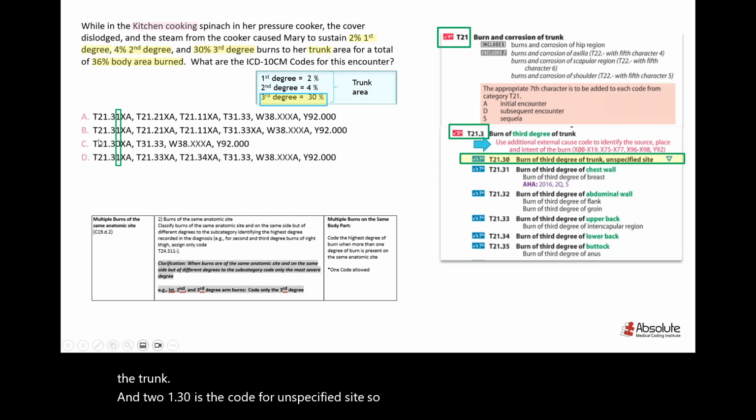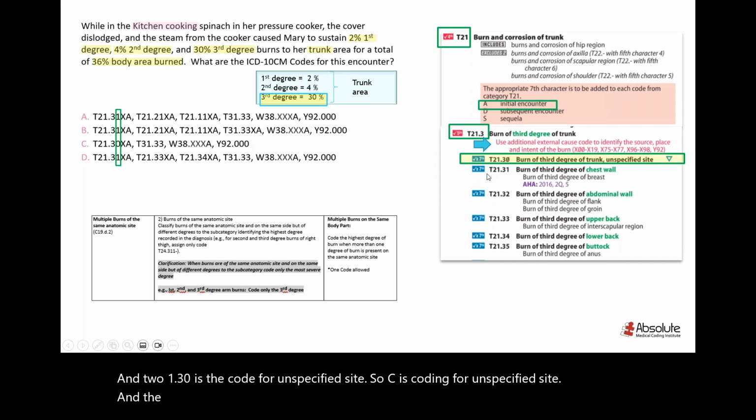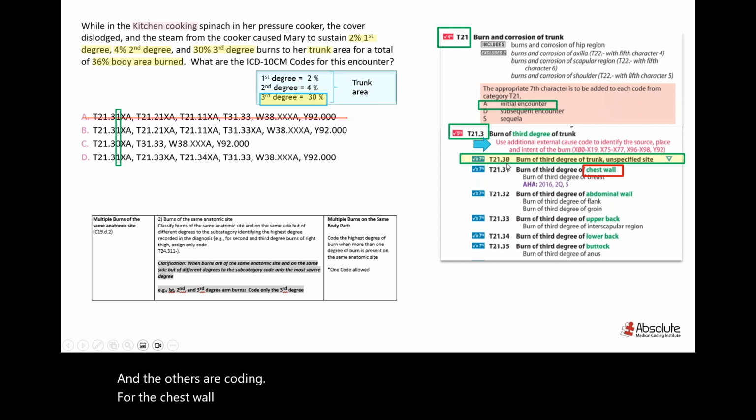So C is coding for unspecified site, and the others are coding for the chest wall. There is no mention of the chest wall, so A, B, and D are all wrong.